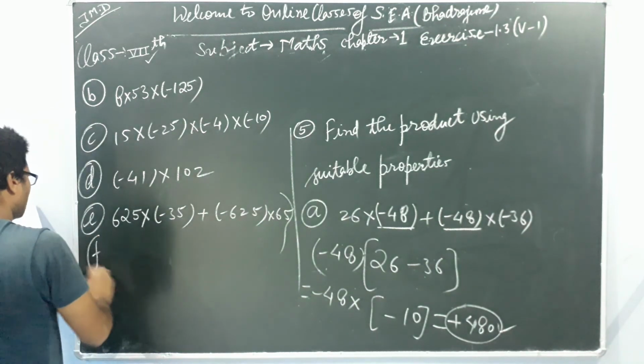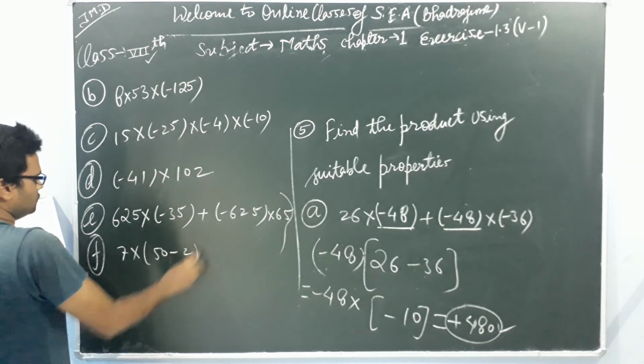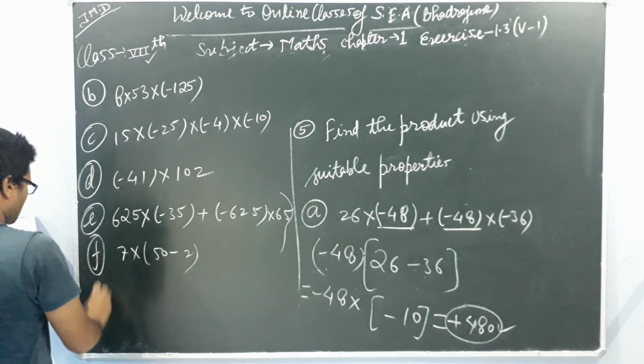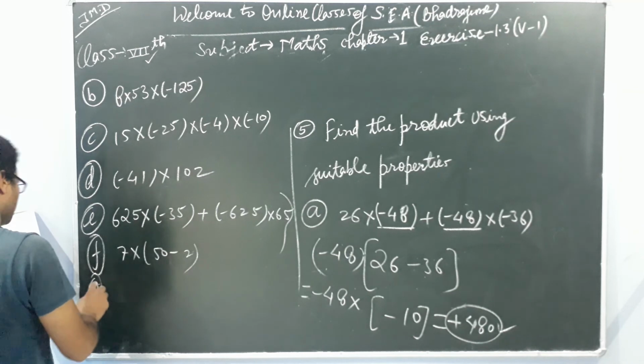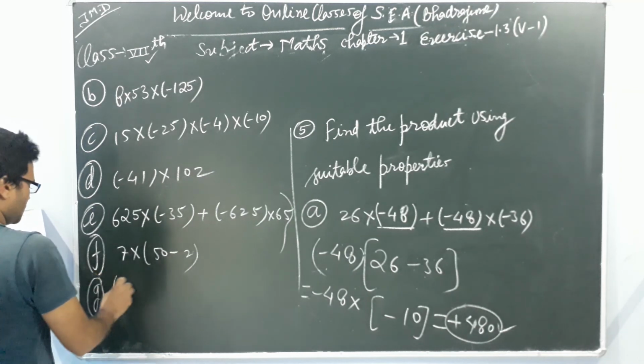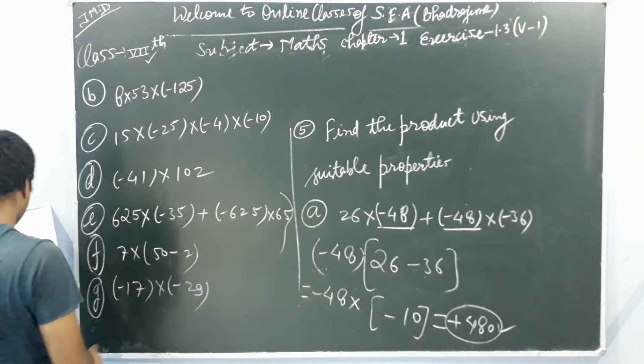After that our part F is 7 multiplied with 50 minus 2, and part G is minus 17 multiplied with minus 29.